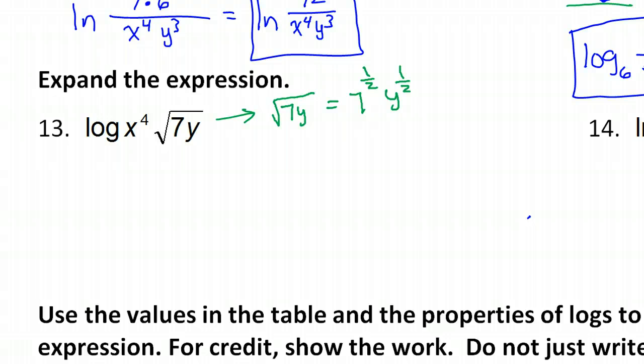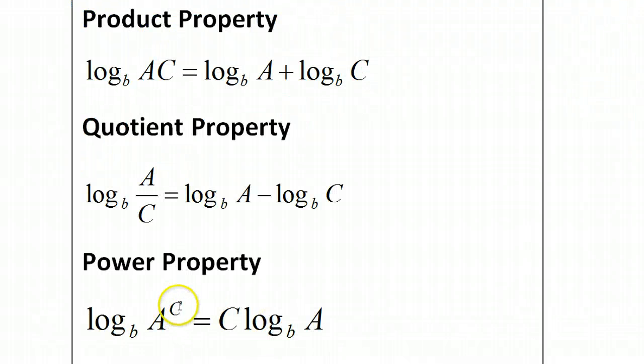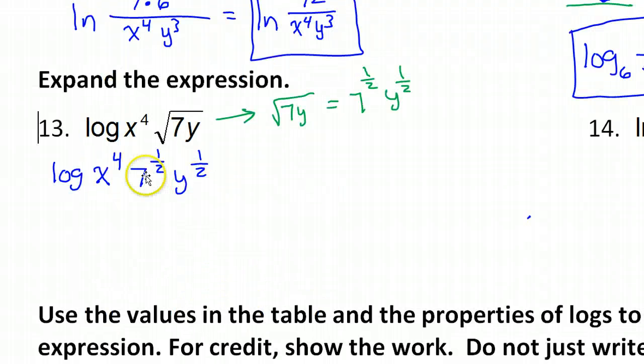So before we even begin the problem, let's rewrite it like this. So we will have log x to the fourth power 7 to the 1/2 power y to the 1/2 power. That's important because this way we have our three separate things, and we have these powers that we can use the power rule to put them in the front.